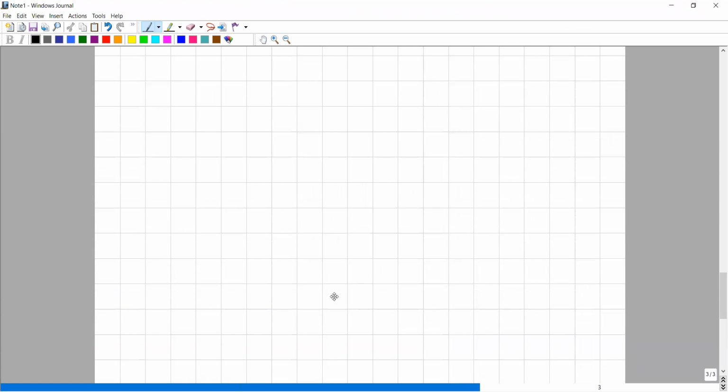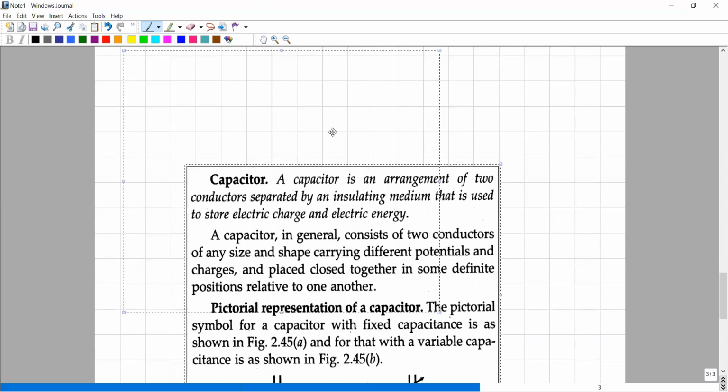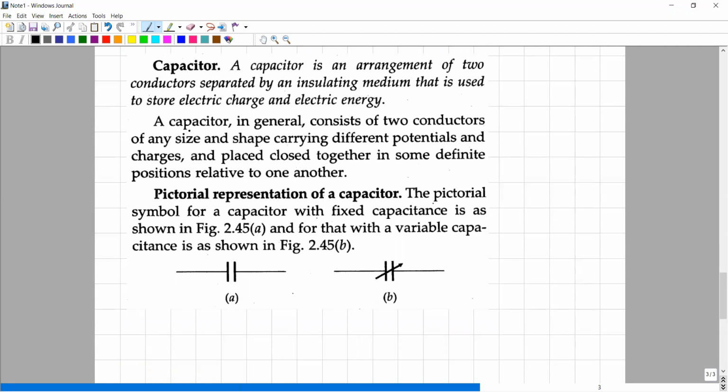So how do you formally define a capacitor? A capacitor is an arrangement of two conductors. Mind it, an arrangement of two conductors separated by an insulating medium.